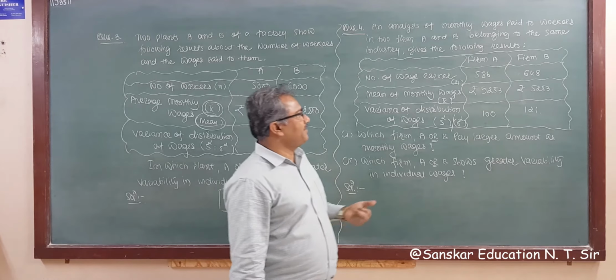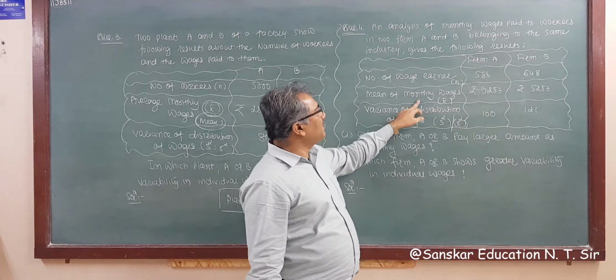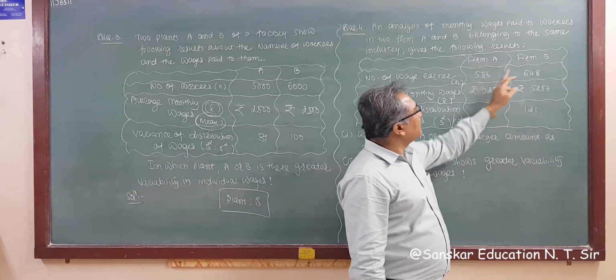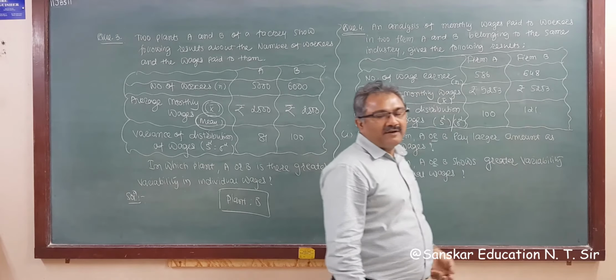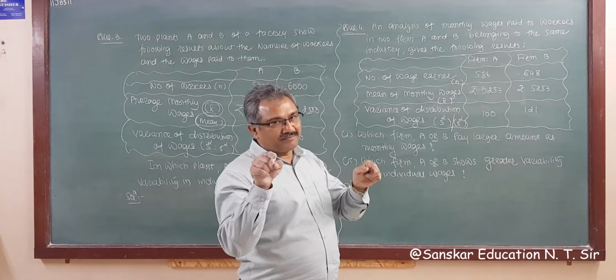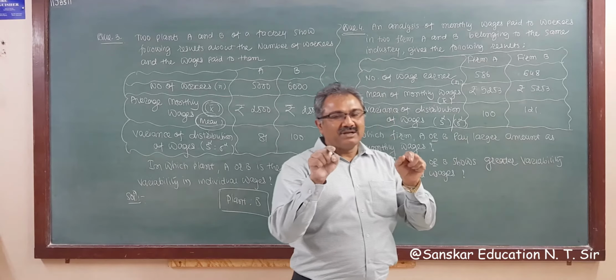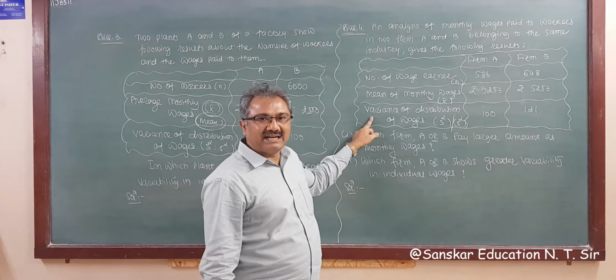Now see here, for firm A, the mean of the monthly wages, X bar, is rupees 5253, and for firm B also rupees 5253, so the mean is the same. If the mean is the same, then everything depends on the standard deviation or variance.